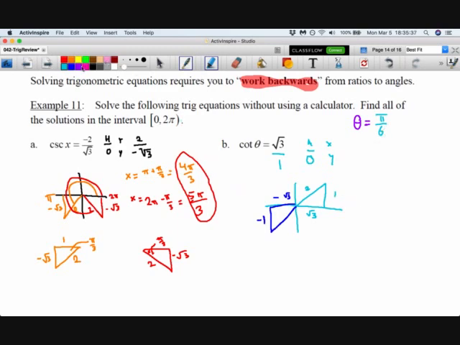And then again, this blue angle is definitely also pi over 6, but he's over here in quadrant 3. Quadrant 3, pi plus pi over 6. Pi plus pi over 6, write it out if you have a hard time, is 5 pi over 6.